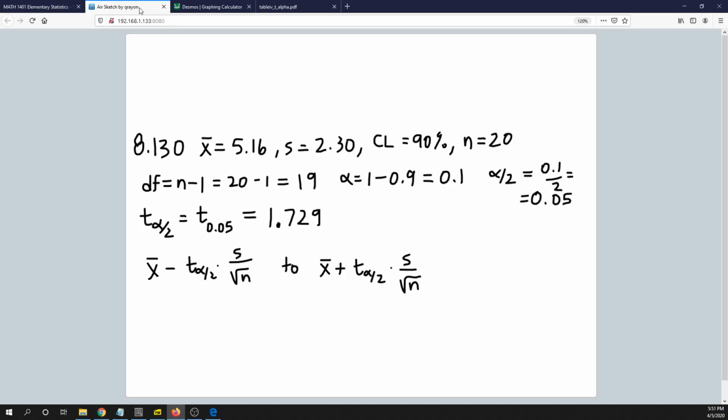Okay, and now x bar we know is 5.16, minus t of alpha over 2, which was 1.729, times s, our sample standard deviation, which was 2.30, divided by the square root of the sample size, which was 20.